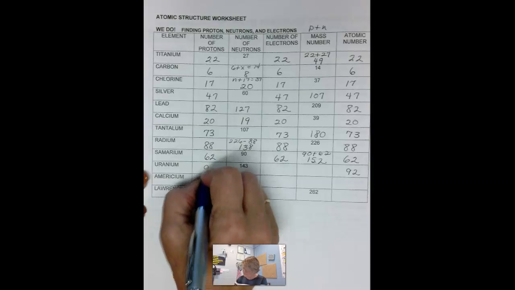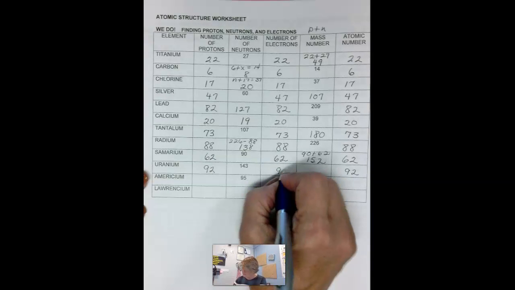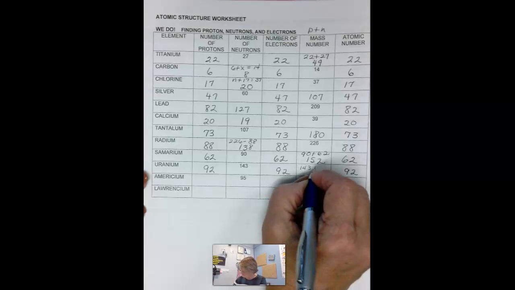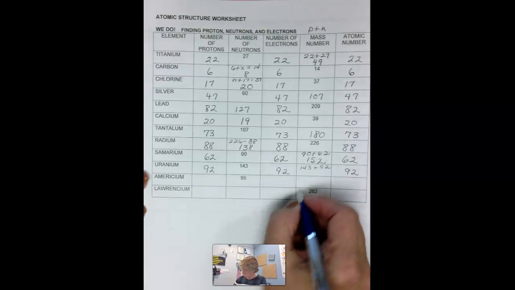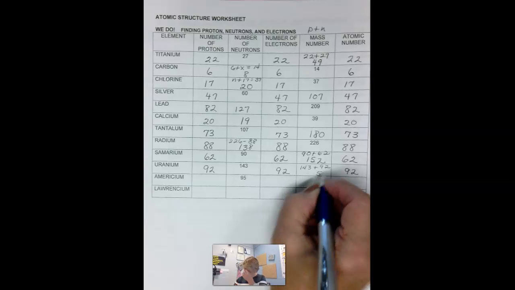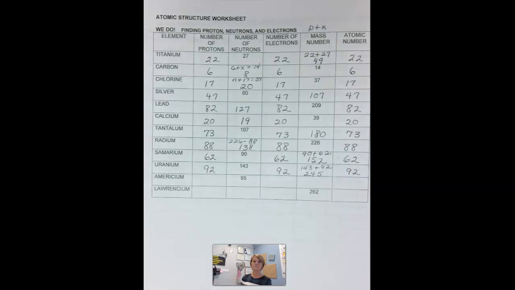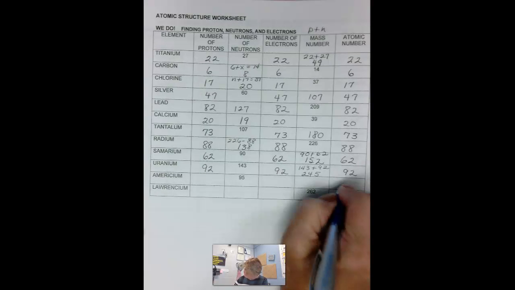So 92 protons, 92 electrons, and a mass number again is protons plus neutrons. So that's going to give me what? 154, 245. Americium, 95.